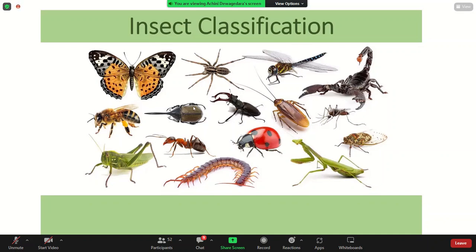In this section, we are going to talk about insect classification. In the morning we discussed insect morphology, mainly the external morphology, and under that we discussed that insects have an exoskeleton and they have three body segments: head, thorax, abdomen, and there are other external structures like eyes, compound and simple eyes, antennas, legs, wings, mouth parts.